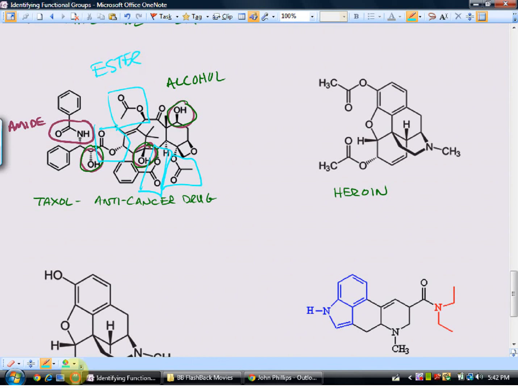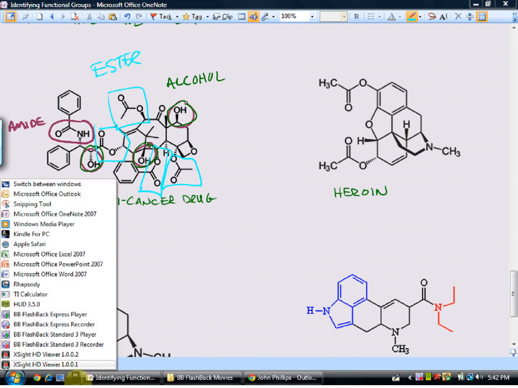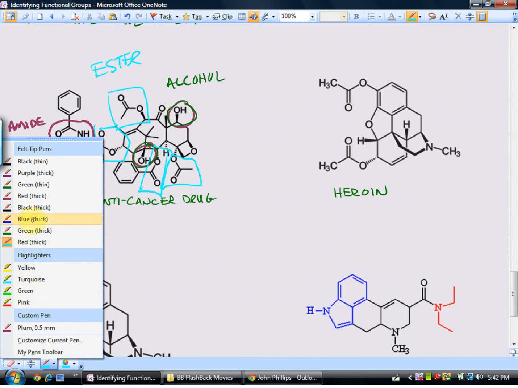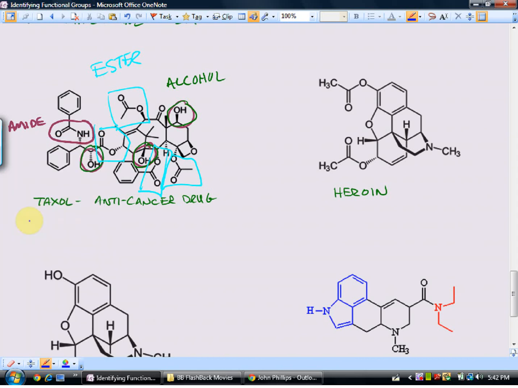Oh, what else we got hiding here? I think we have at least one more functional group hiding in here. Let's see, what other functional group is hiding in here? I have this, and that's the only one of those we have.